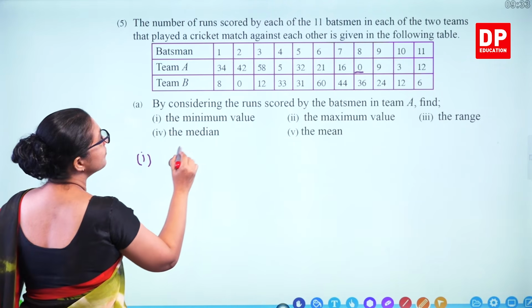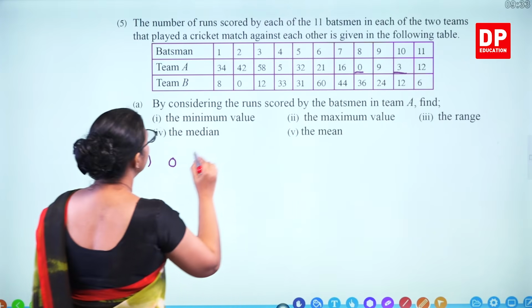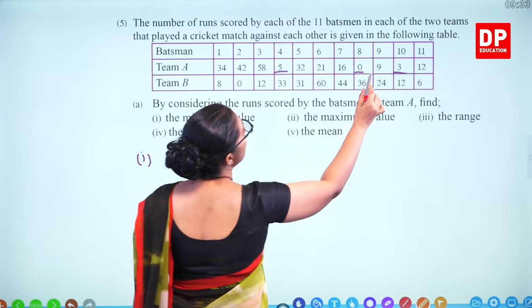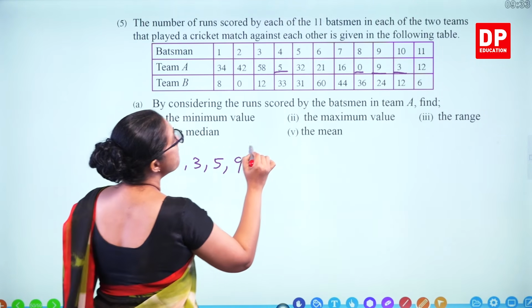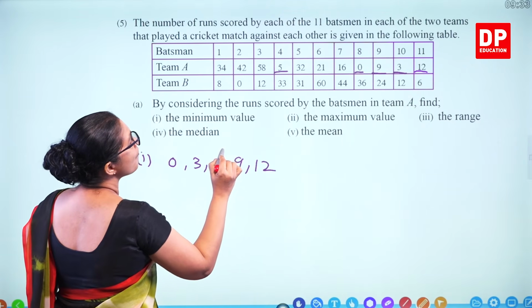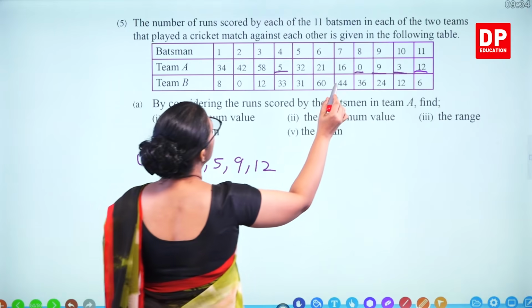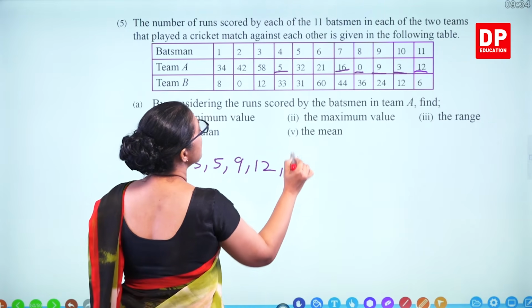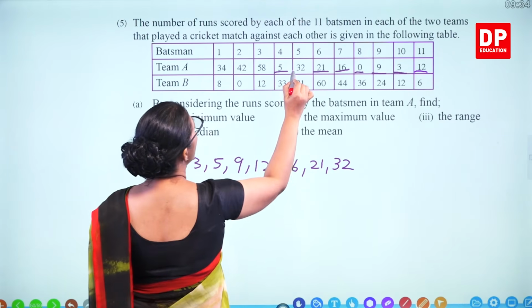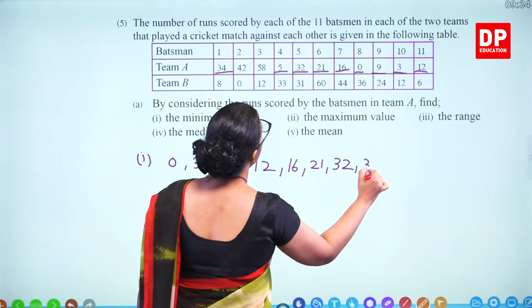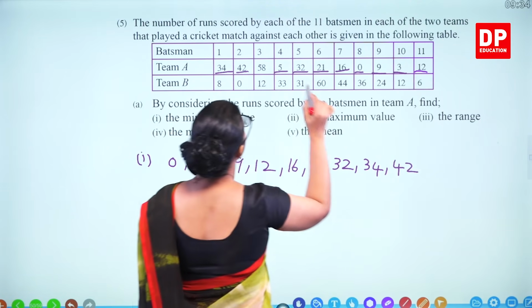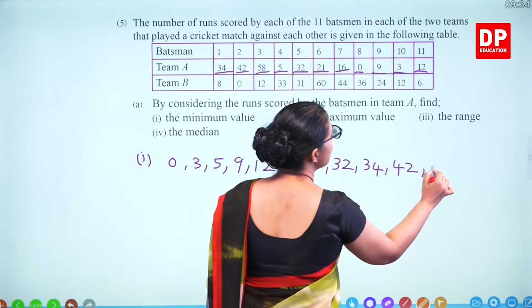0, 3, 5, 9, 12, 16, 21, 32, 34, 42 and 58.